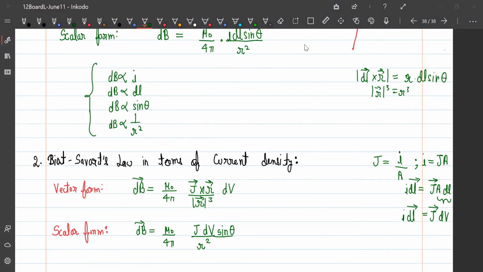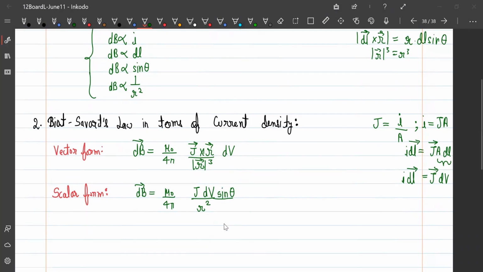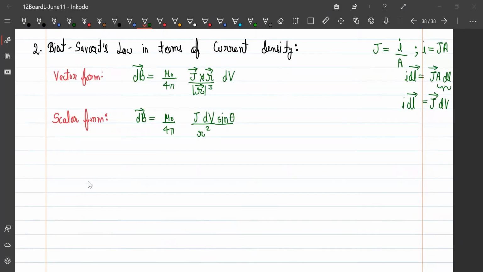Mehul, your answer is correct. Okay, then this is a question for everyone. Write the units and dimensions of magnetic field.